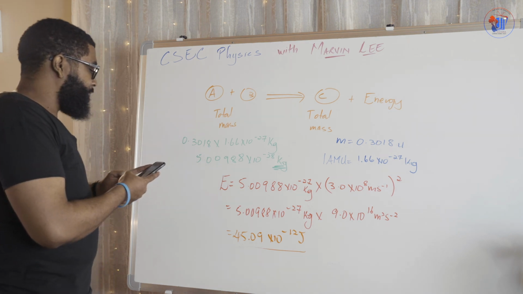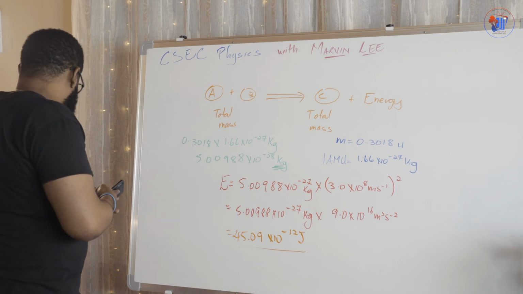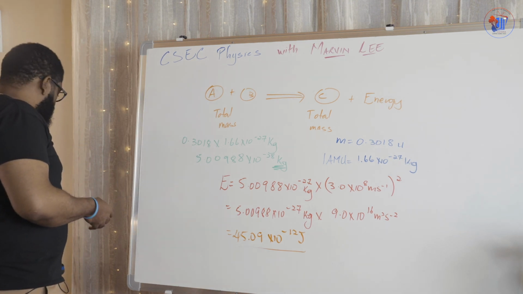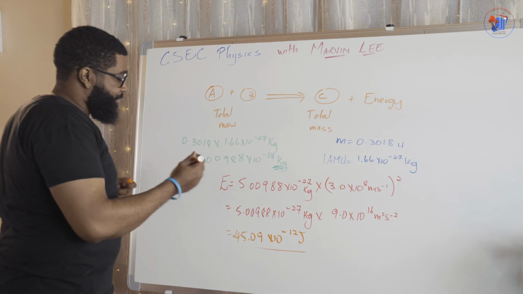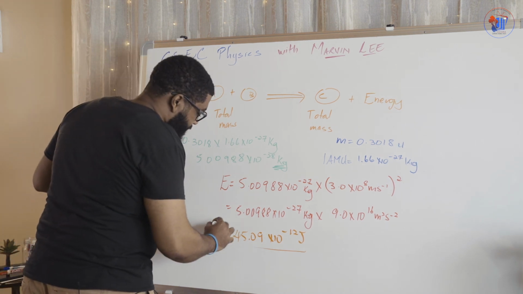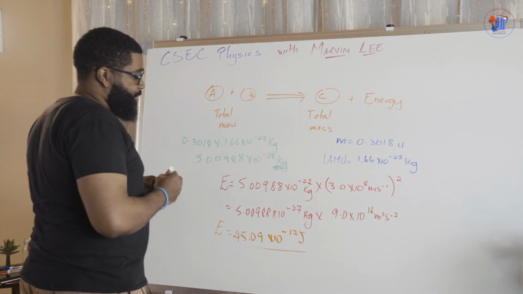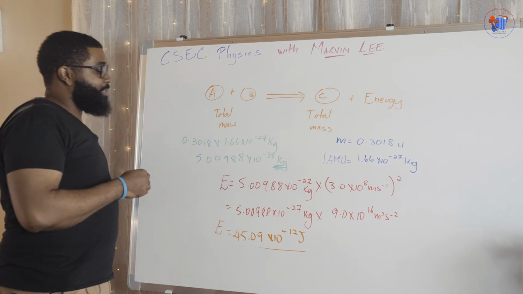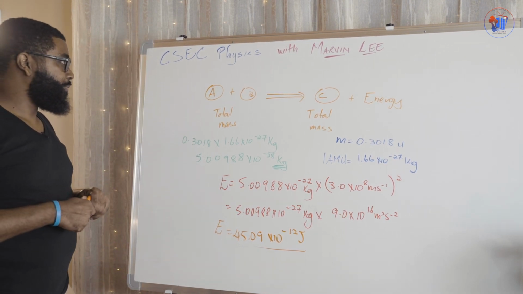Yeah, 45.09 by 10 to the minus 12 joules. That's a lot smaller than I thought it would be. But this is our answer nonetheless. The energy produced is 45.0 by 10 to the minus 12 joules.